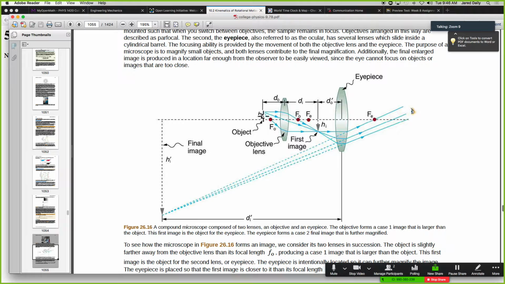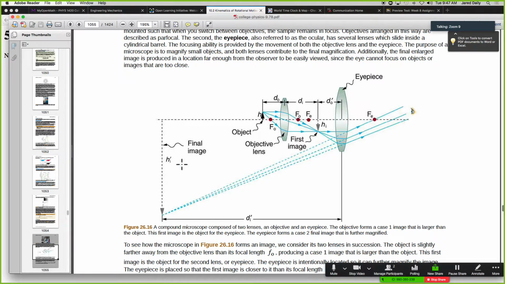So, for example, this first objective lens makes an image between the eyepiece and the objective lens, but the eyepiece actually uses that real image as its object. So it has a real image as its object, which is a virtual object, you can think of it as. And then it creates an image way out here, which is a virtual image that is huge. Look at the size of this virtual image.